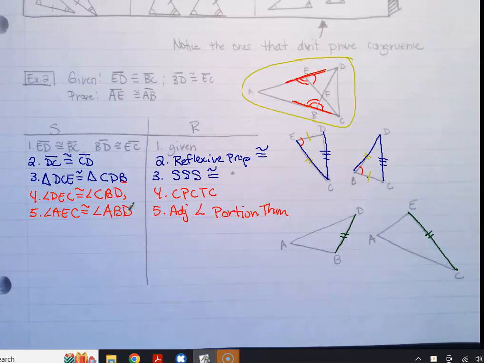So we should have, because we have to state everything. Okay, so let's have like a 4b. I'm going to put step 4b in there. What about the linear pair theorem? Yeah, angles that form a linear pair are supplementary.